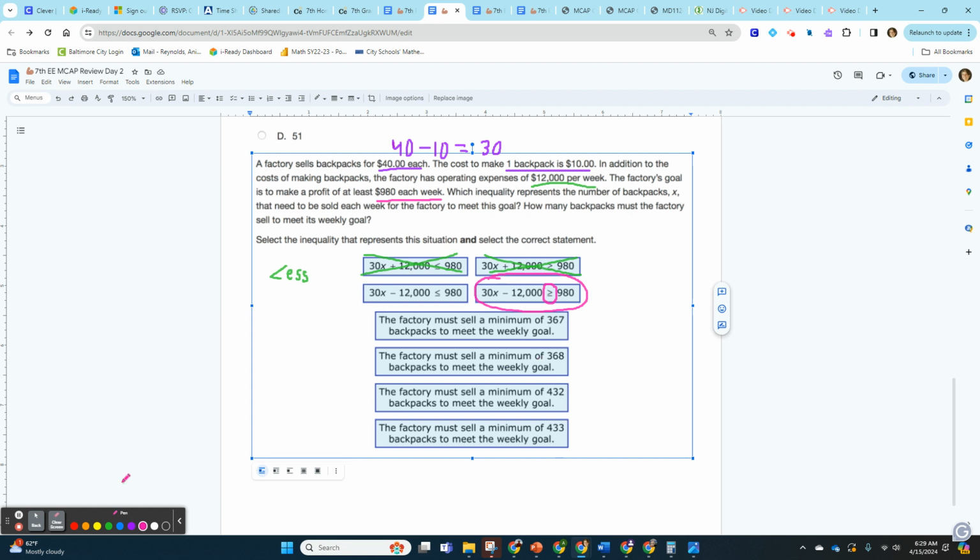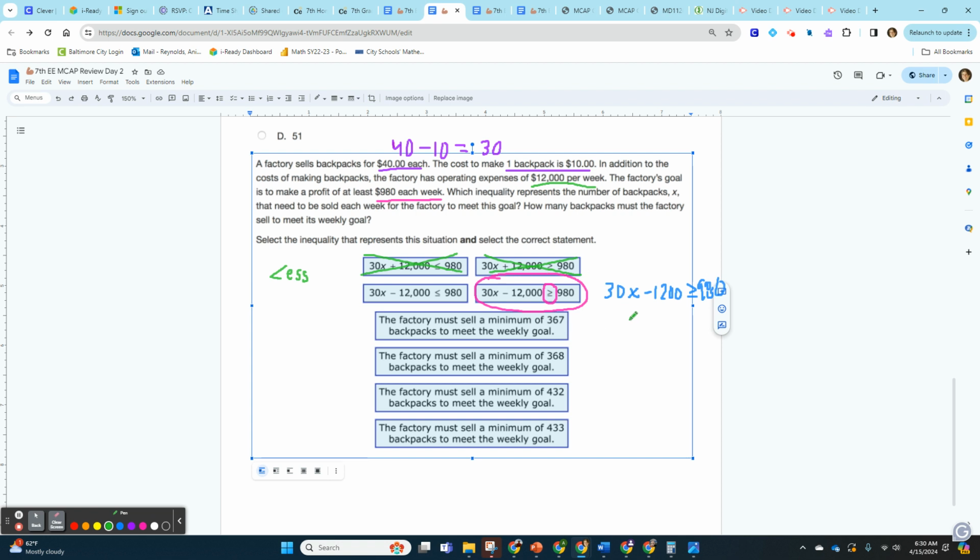Now I need to solve my equation. Even if I had trouble coming up with which one was correct over here, as long as you got that the expenses should be subtracted, you probably could get to the right answer.